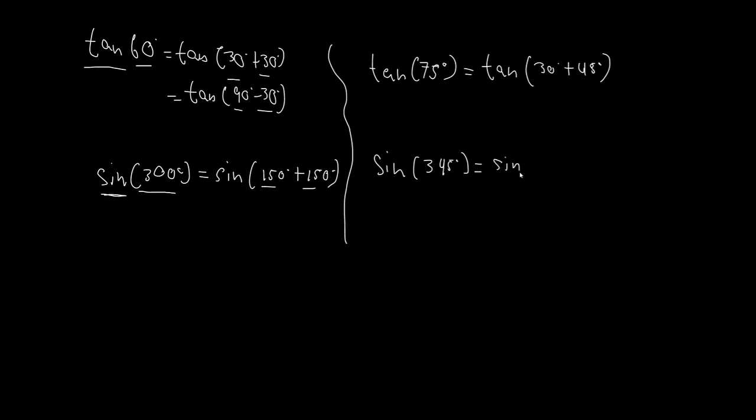And we can also do this here, 300 degrees plus 45 degrees. So you see, this is not a special angle, especially the second example. But if we separate them, these are all special angles: 30, 45, 300.